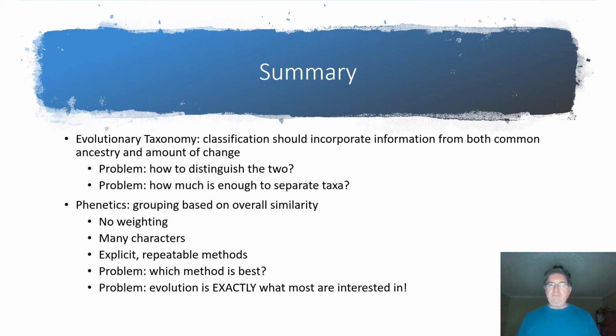It's not clear. It can't be clear because they have been merged into one. And then there are no explicit criteria by which to say, well, this grouping should be recognized as a genus. This grouping should be recognized as a family. There are no explicit criteria. And so these are the kind of criticisms of these problems that phonetics brought to the fore.